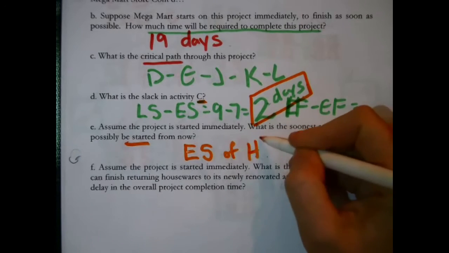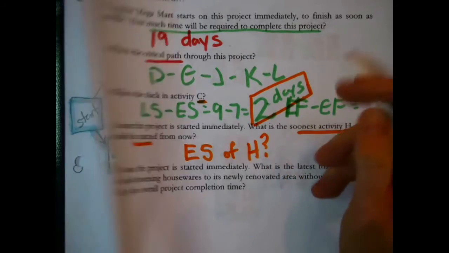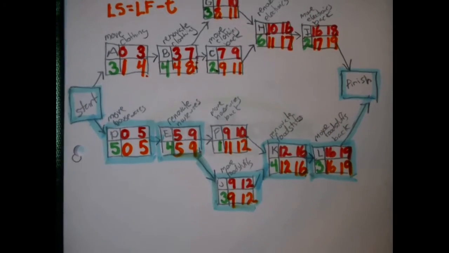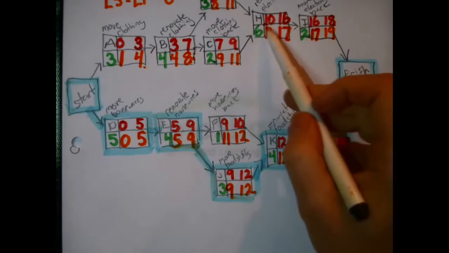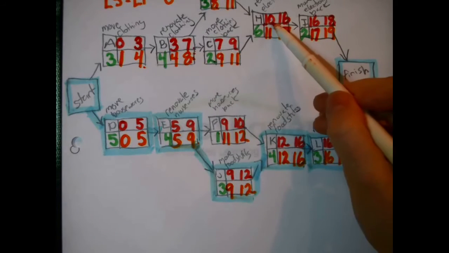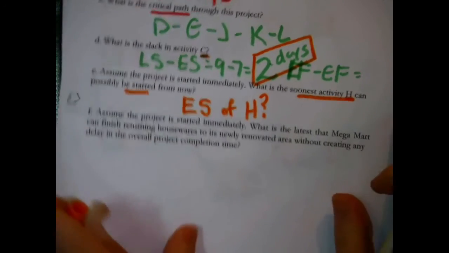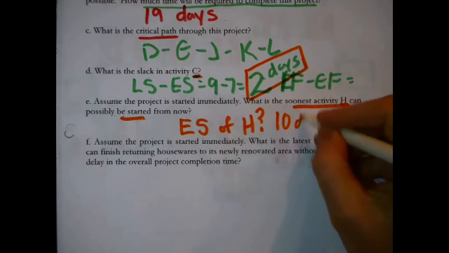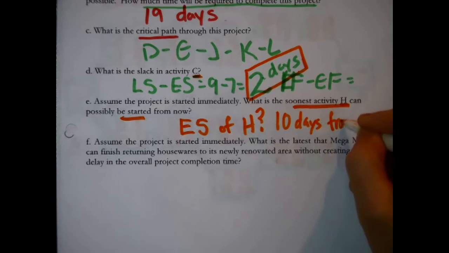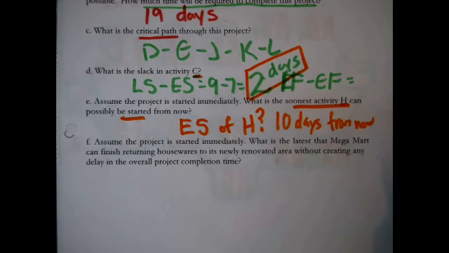Well, let's retrieve it. Where's H? H, right here. Early start, right there, 10. 10 days from now. We start it right now. The earliest we'll be starting on H is 10 days from now.